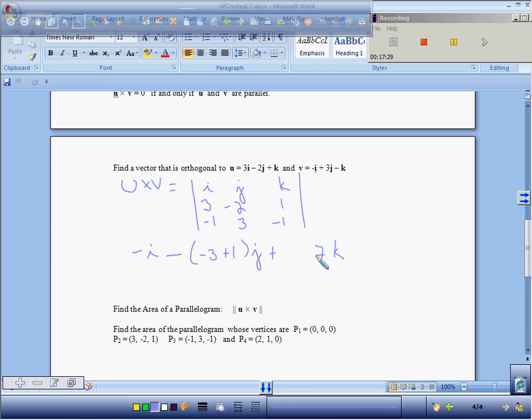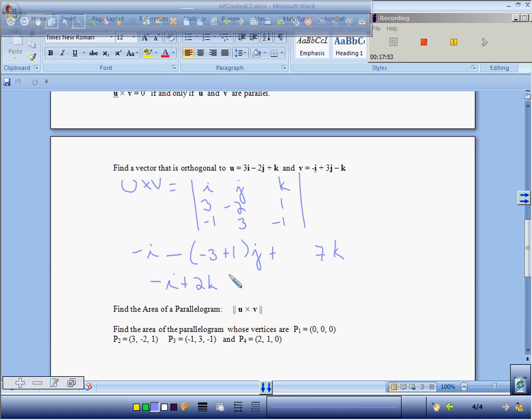It's 3 times 3 minus negative 1 times negative 2. So you have to be really careful, because it's easy to make mistakes doing this. Okay? So you get negative 1. This is minus 2, but it's minus, so it makes plus 2K.